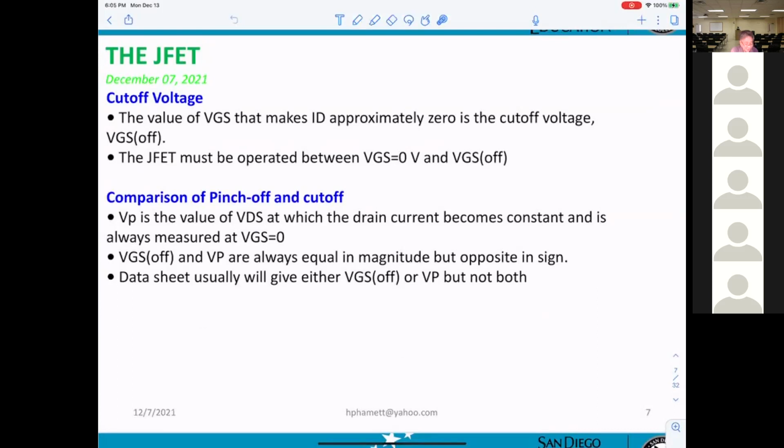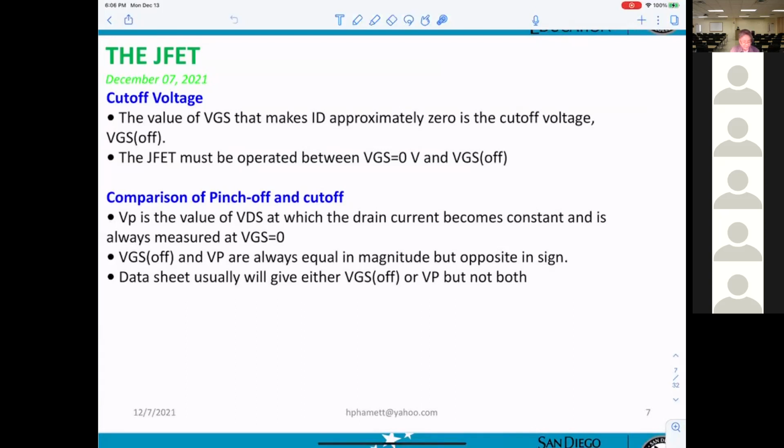The JFET must be operated between VGS equal 0 and VGS off. Okay, what is the VGS off? VGS off means the point where current ID equals 0.